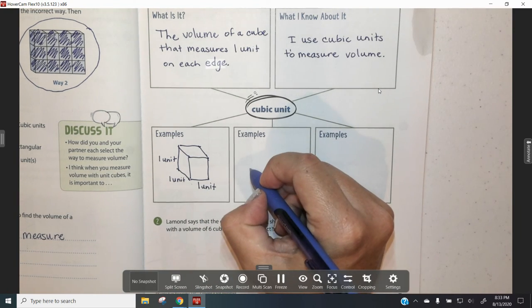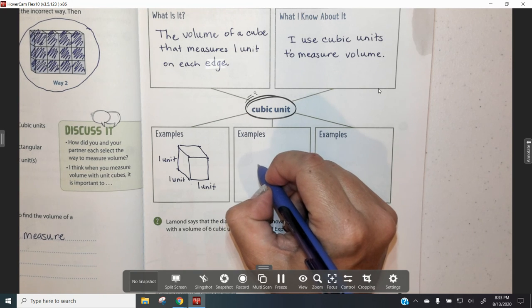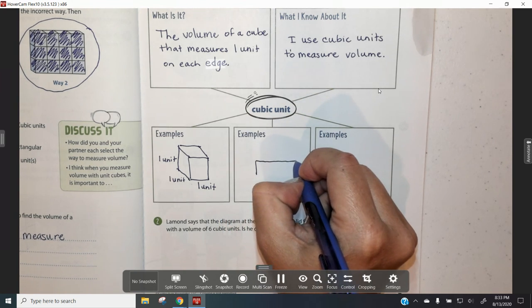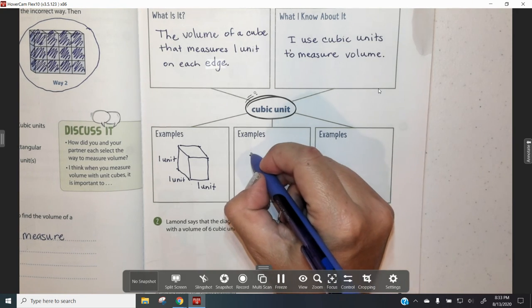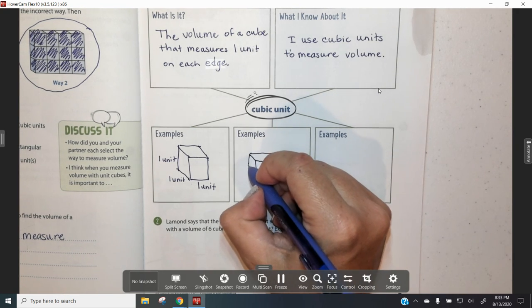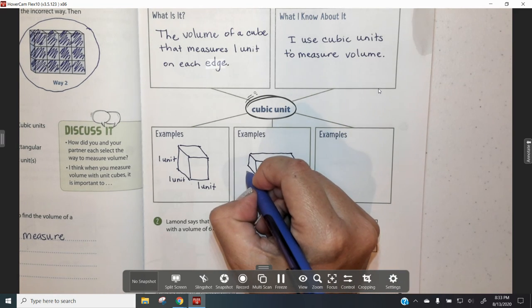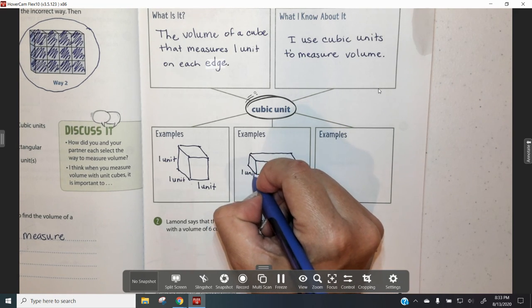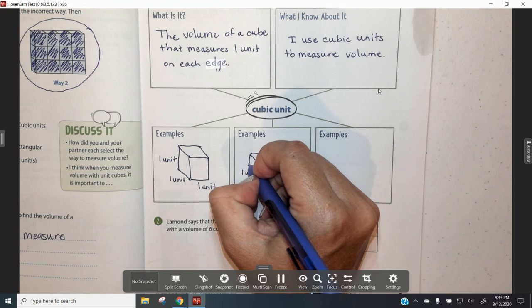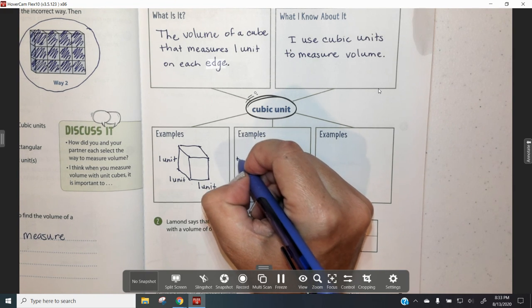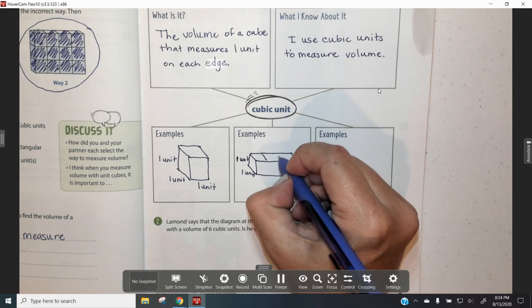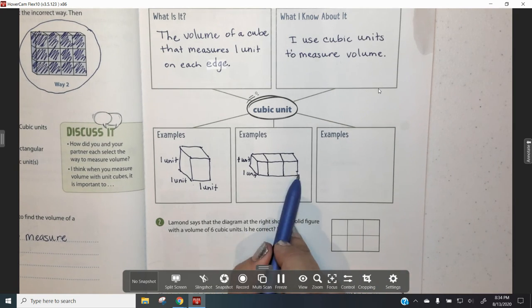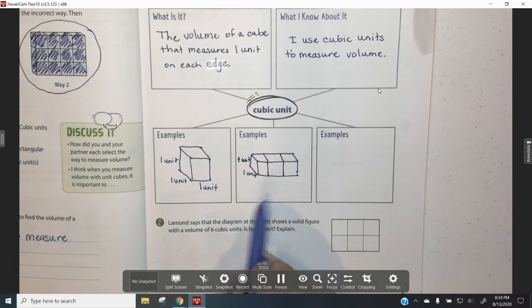If we had a picture that looked like this, it would be 1 unit on the width, 1 unit in the height, but then instead this one is going to have more than 1 unit in the length.